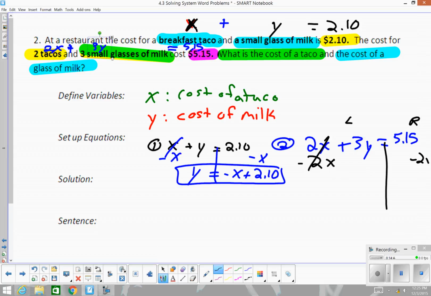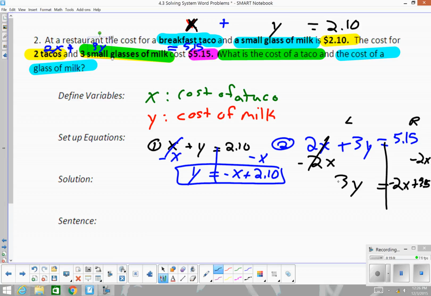Then I'm going to have 3y equals negative 2x plus 5.15. Okay, I'm going to move that over so we can see.